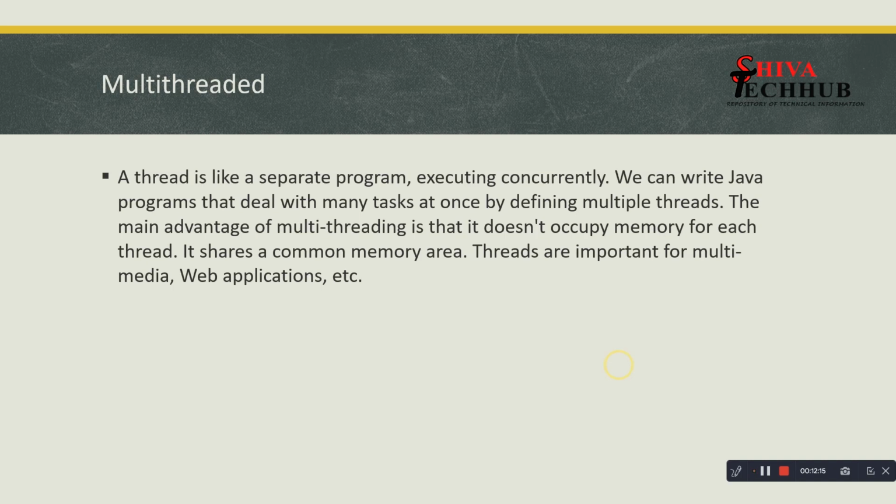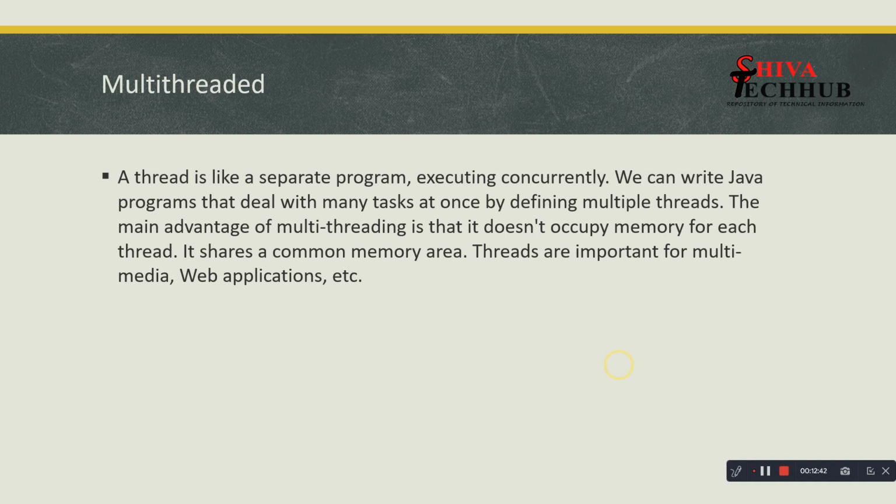And also, the main advantage of multi-threading. Why do we require multi-threading? Why do we need to execute a series of programs concurrently? Because it doesn't occupy separate memory for each thread; it shares the common memory area. For example, if there are 100 threads running concurrently, we need not specify 100 separate memory locations for each thread.